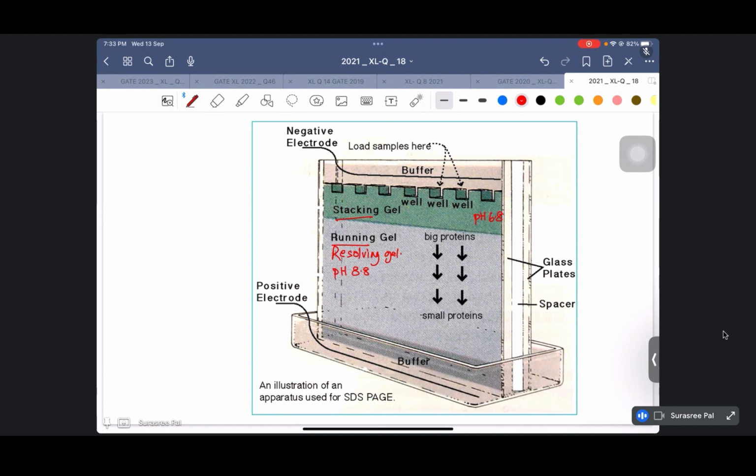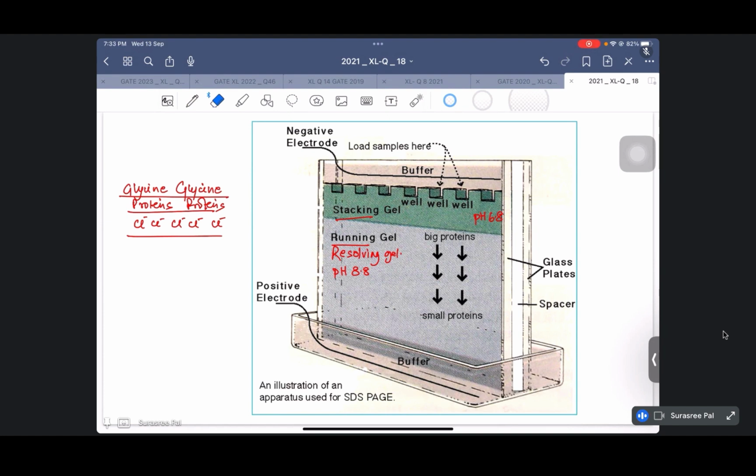You can see these chloride ions, then this forms a front, then all the proteins will be there. They will come in a line because after the proteins the front will be formed by glycine.